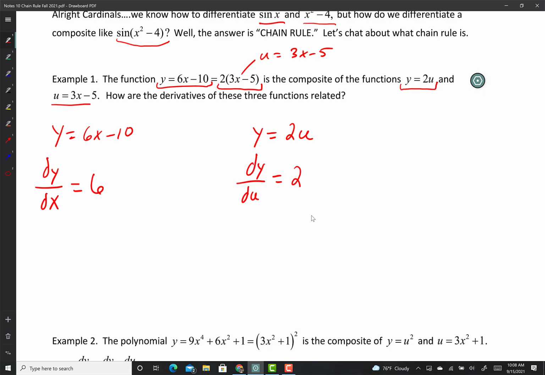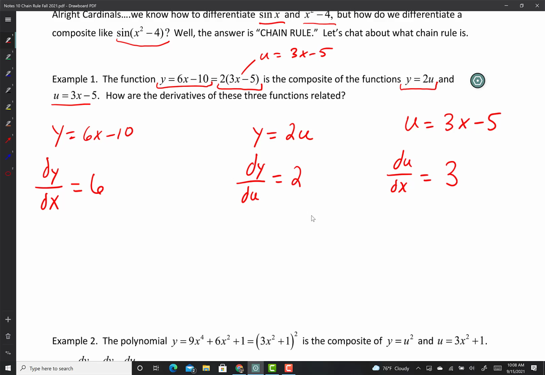Now, here on the side, I'm going to write u equals 3x minus 5. I'm going to take the derivative of u, but with respect to what? So du dx equals 3.